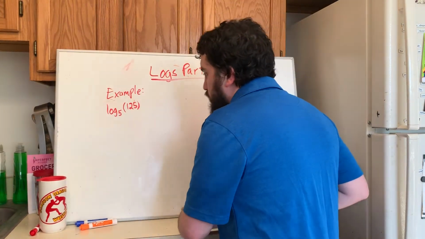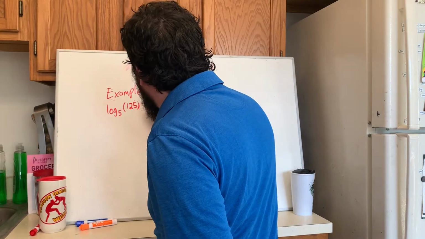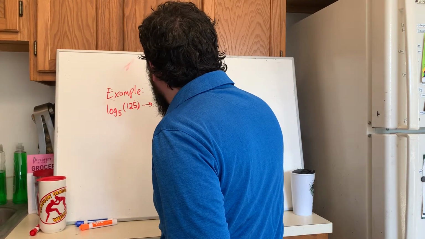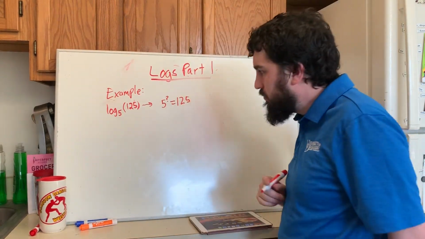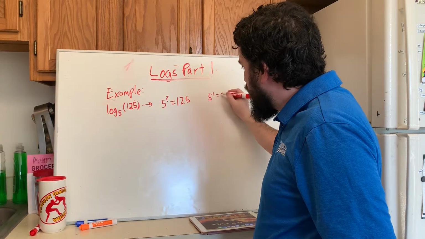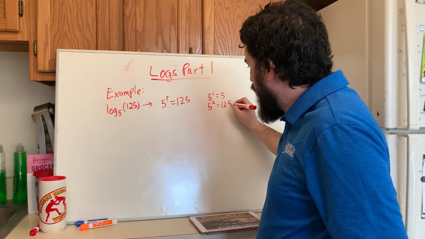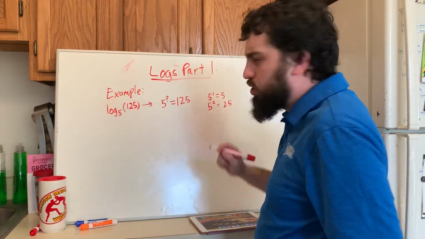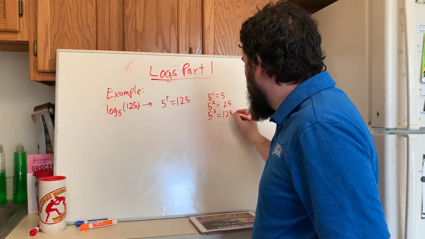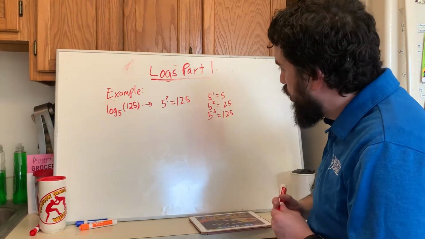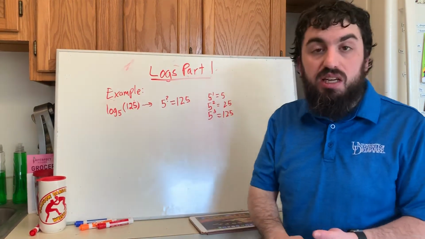What it's basically asking me is 5 to some unknown power is equal to 125. Well, if I look at it, 5 to the first, that's just 5. 5 squared would be, sorry, not 125, just 25. 5 cubed is 125. So here with this one we were able to kind of see it and put it together.